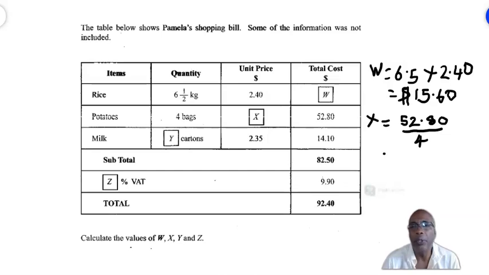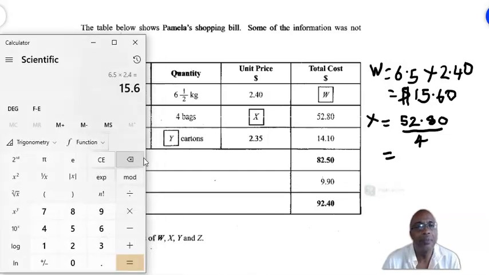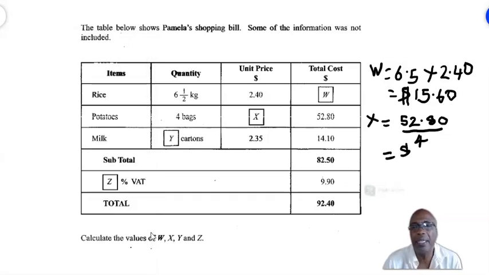Let's use our calculators. 52.8 divided by 4. We get the answer as $13.20. So X is $13.20.